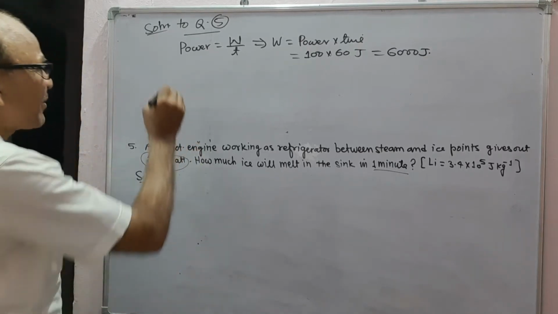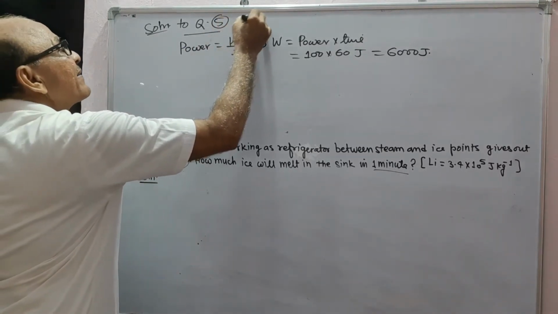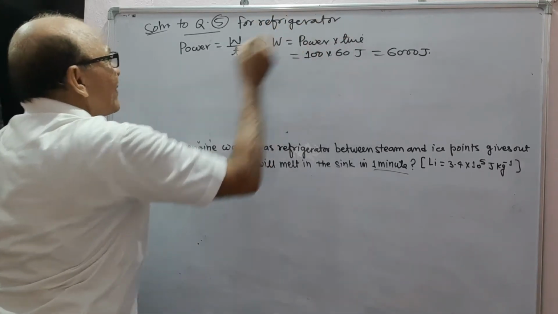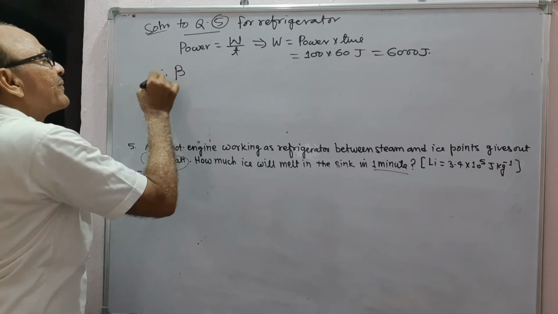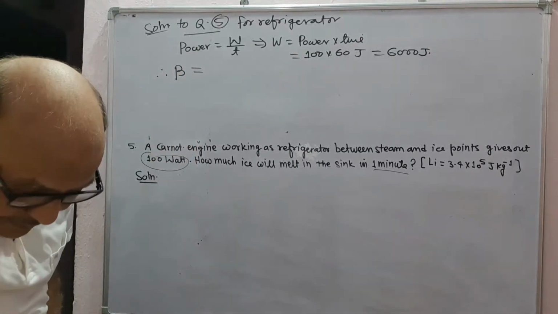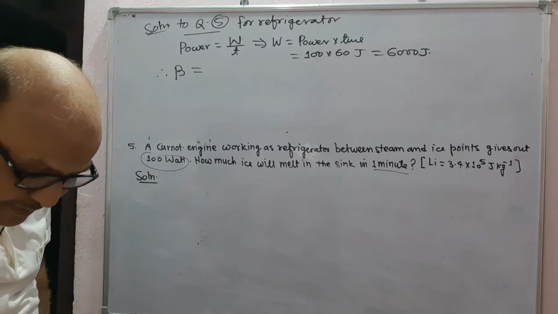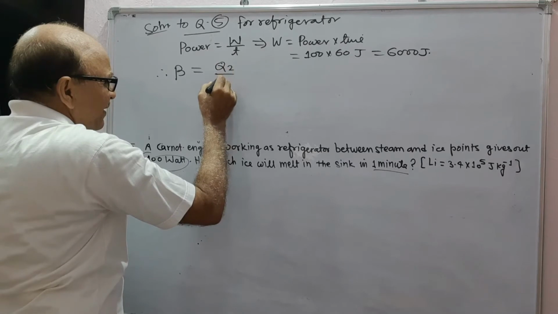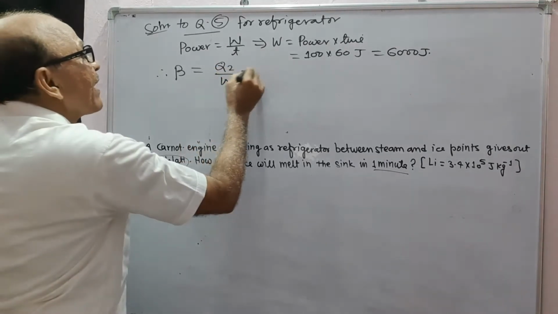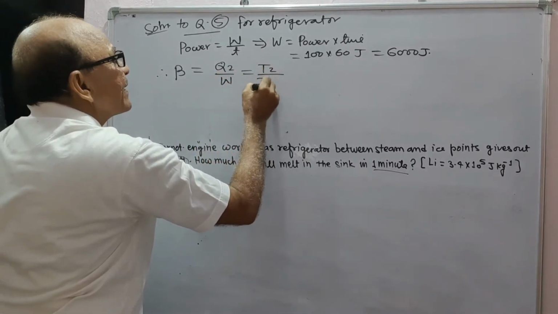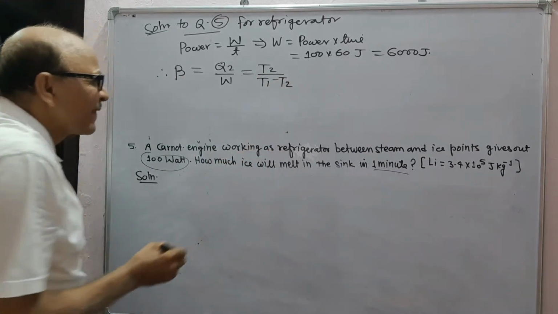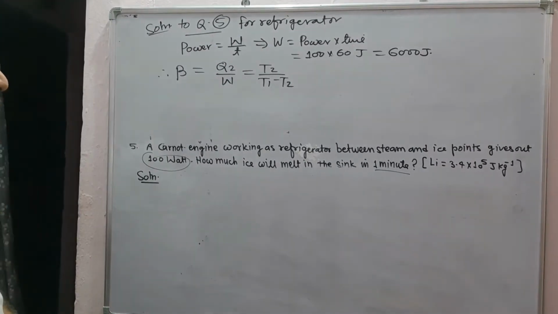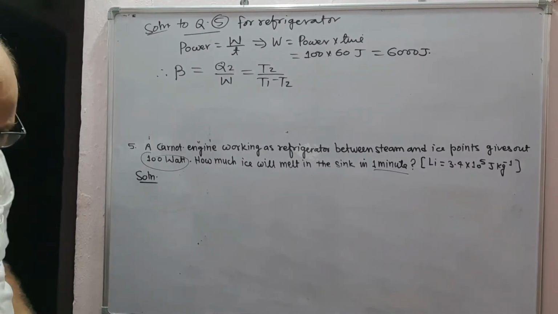Now coefficient of performance, this is for a refrigerator. Beta is equal to Q2 upon W, and this is also equal to T2 upon T1 minus T2. Q2 is the heat used by ice to melt.